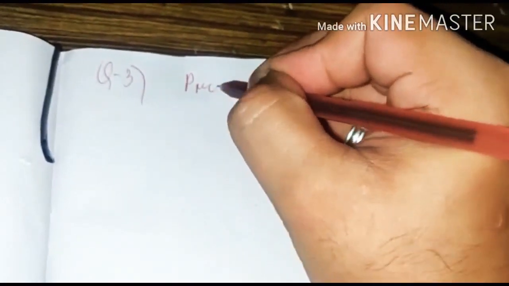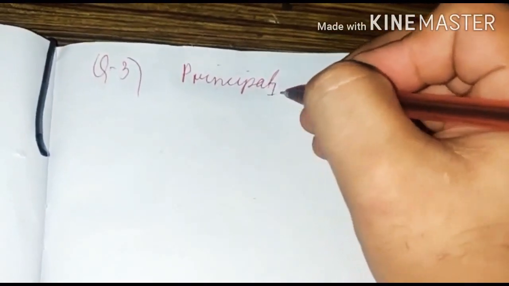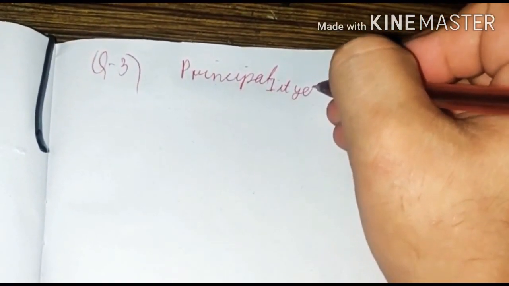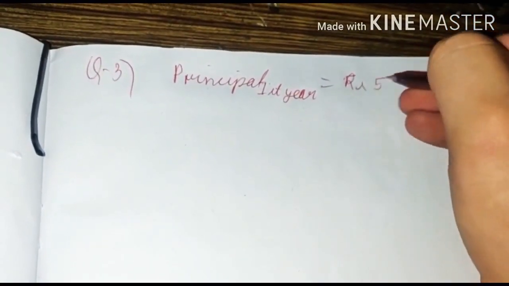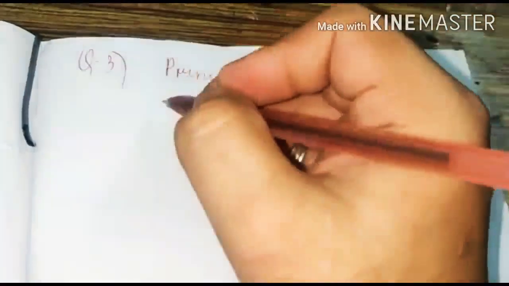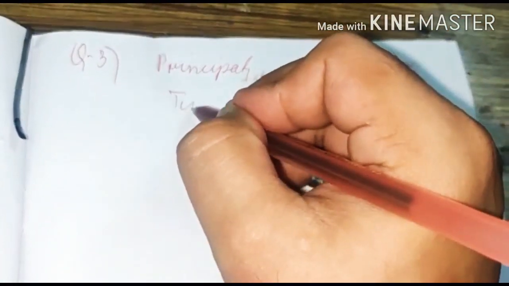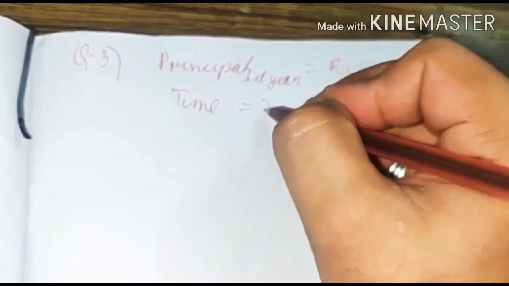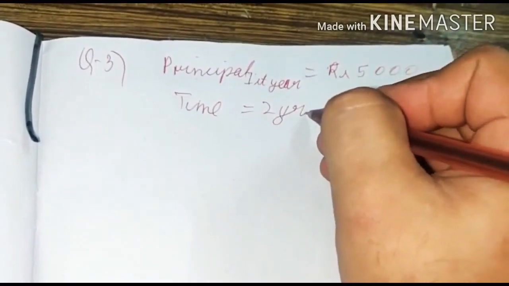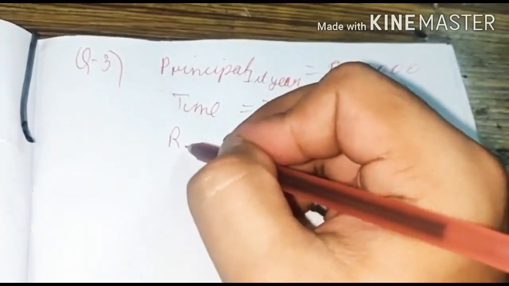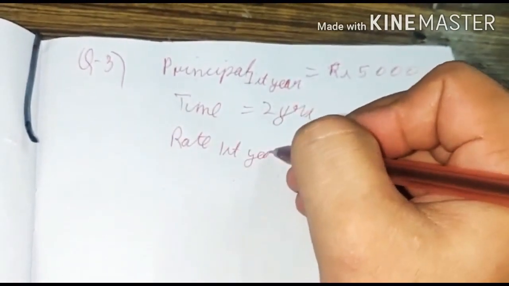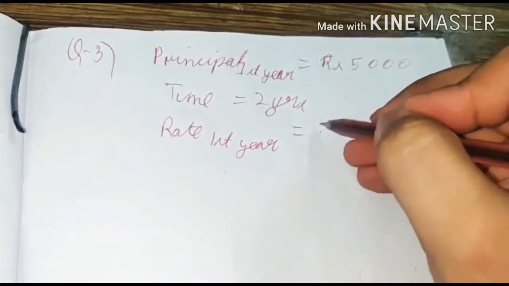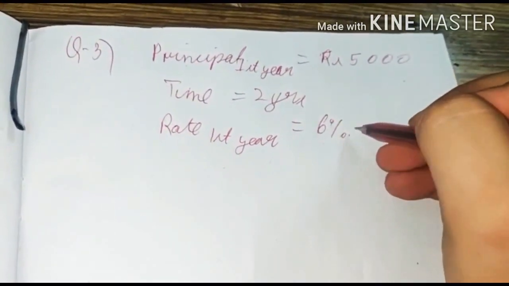So the question here is principal for first year is the original principal given in the question, 5,000. Time is 2 years and rate for first year is 6%.